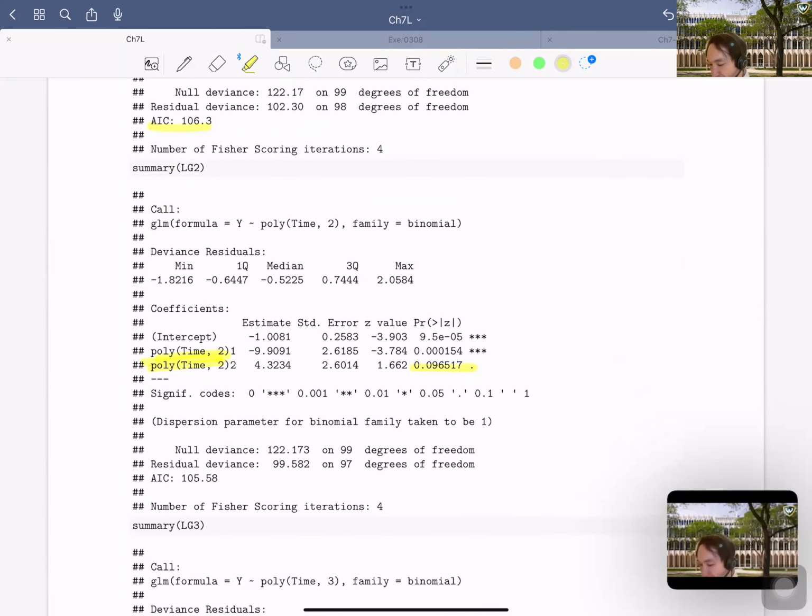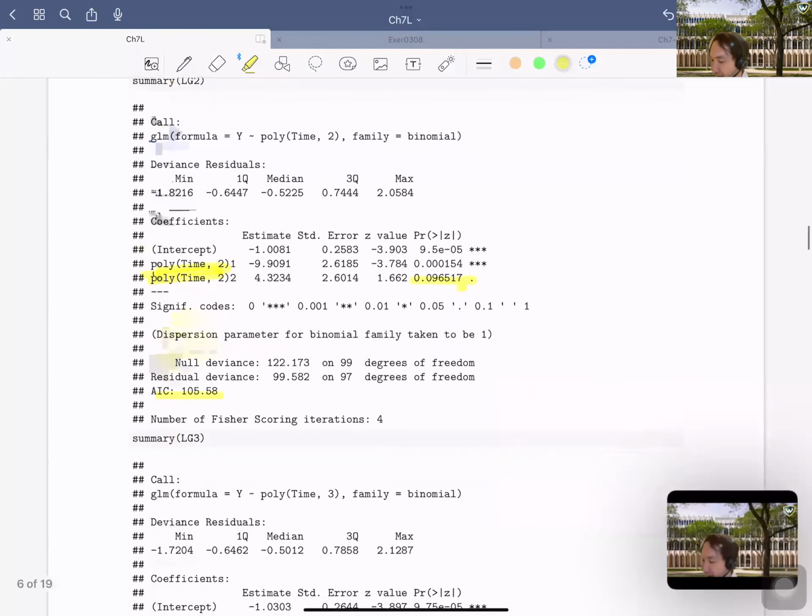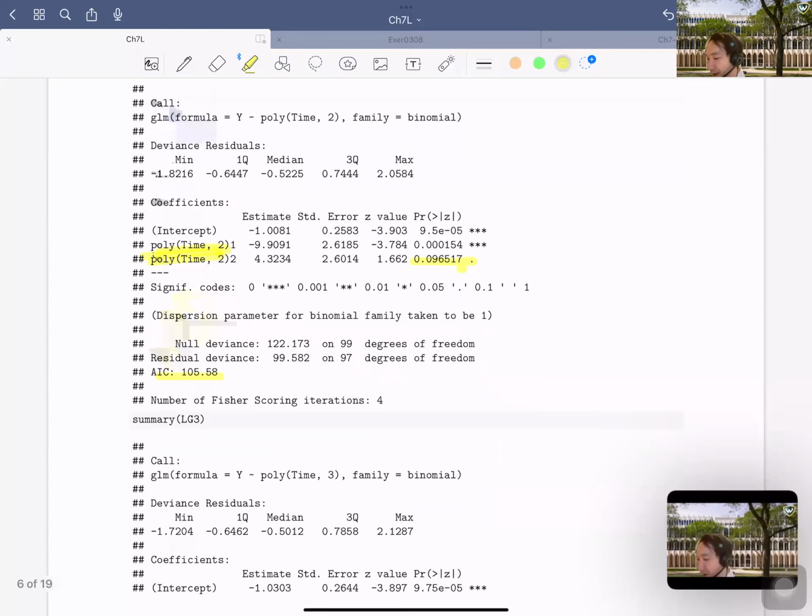If we compare AIC, it slightly gets better. AIC gets worse by 2 if the predictor is entirely useless, but instead it improves by 0.7. So it's not too bad.